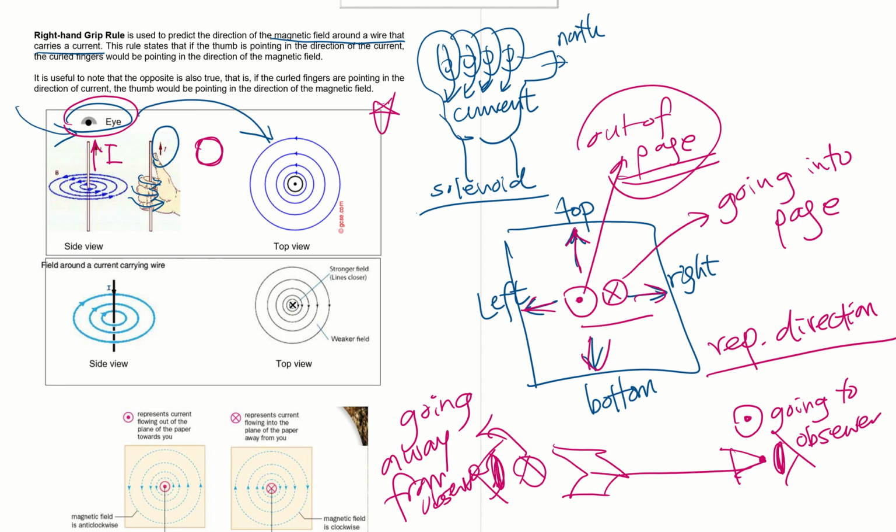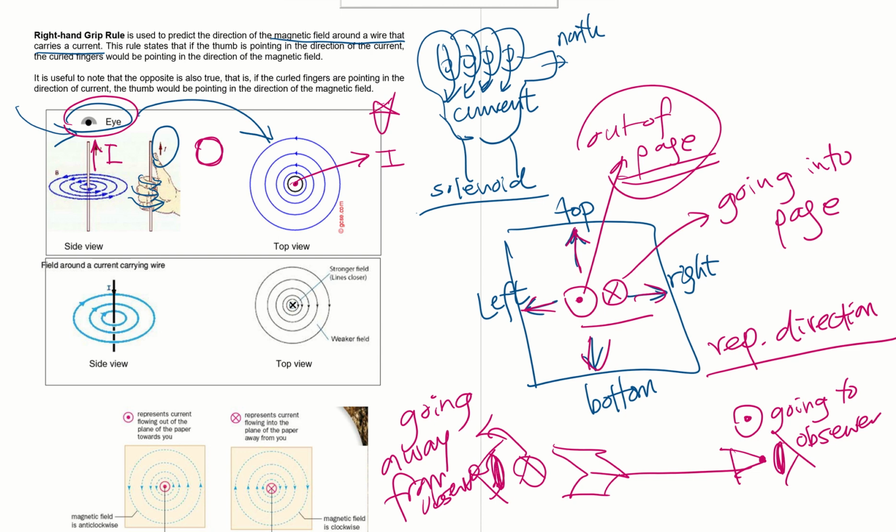So from the eye's perspective, it will see a dot, and this dot represents the current. Now we need to apply the right hand grip rule for a straight wire, because this is current flowing in a straight wire. In the right hand grip rule, the thumb represents the direction of the current, and this dot means it's going into you because it's coming out from the paper.